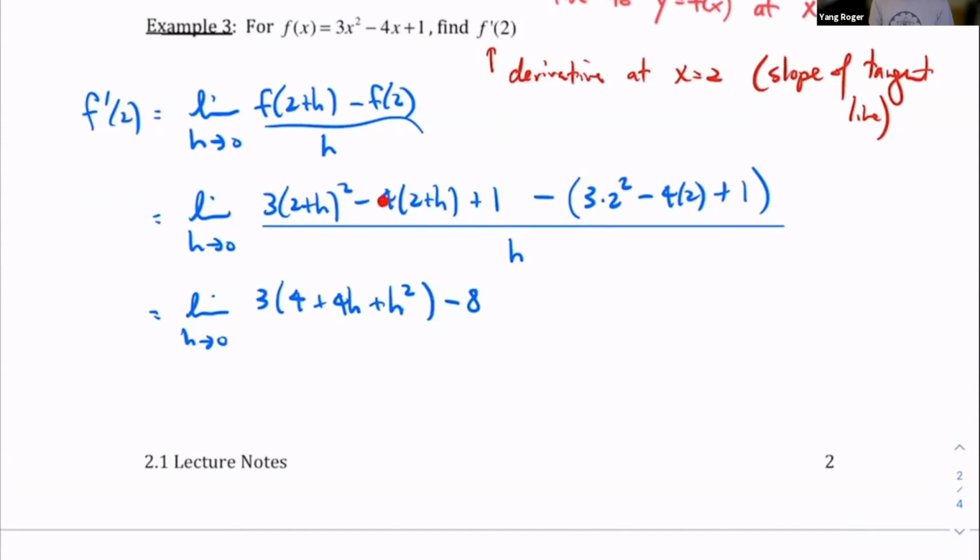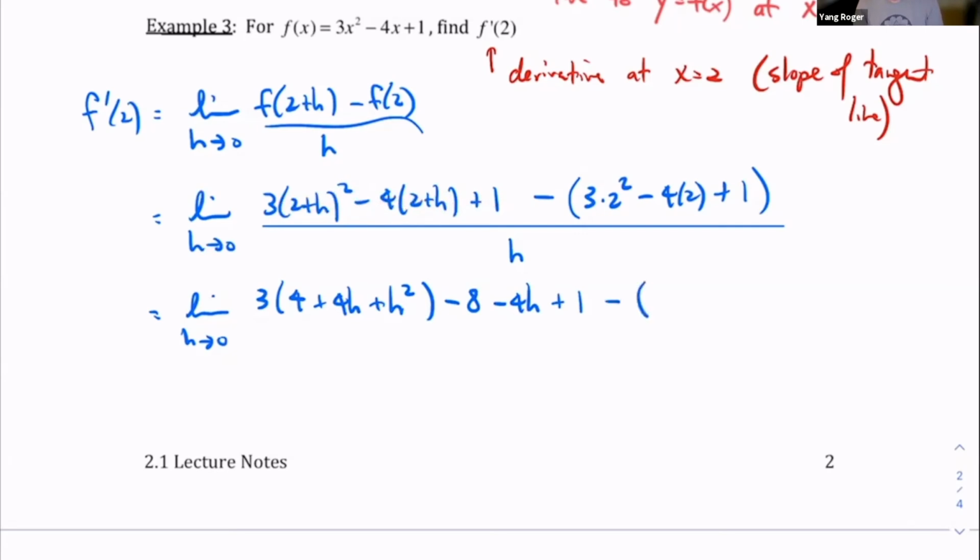You've got to be careful here. I have to distribute this negative 4. A lot of students will mess this up. They will forget to distribute the negative. So this is going to be minus 4h and then plus 1. Does anybody have any questions about how I expanded this first part here? No. And then, like I said, make sure you keep the parentheses there.